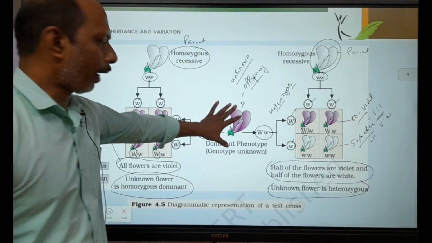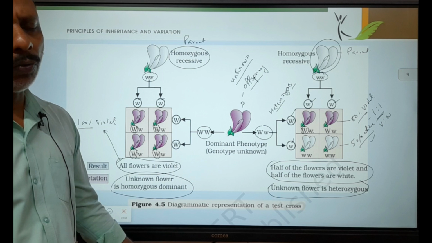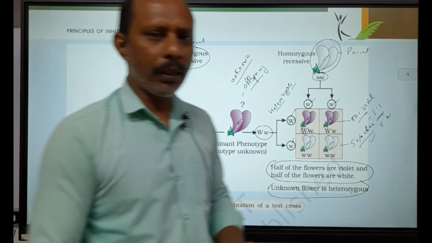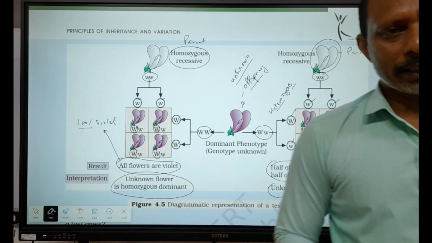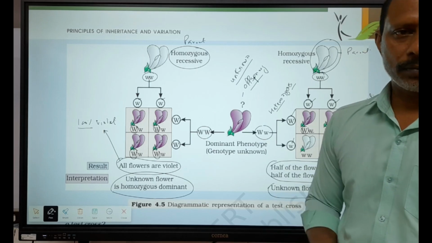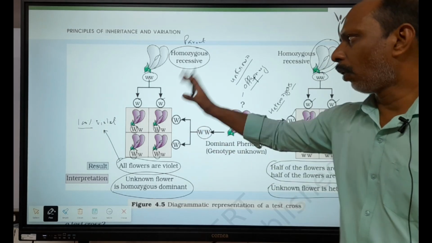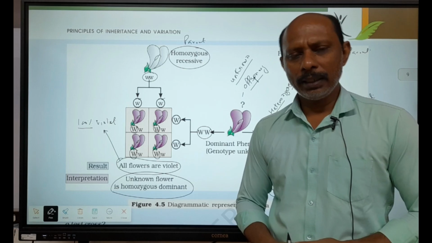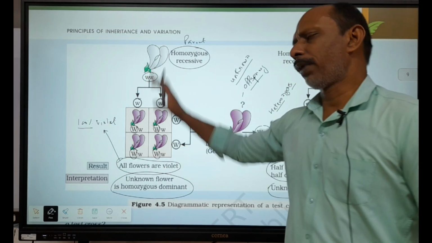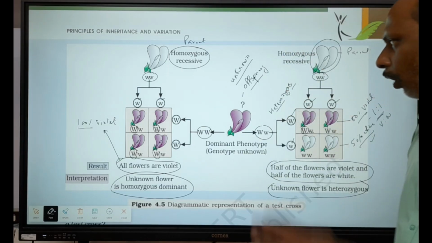White is a recessive trait, and white is present only in homozygous condition, right? So if a white flower is there, we need not do a test cross, because white comes only in homozygous condition. That means we need not test cross with dwarf traits, right? Dwarf means recessive traits.